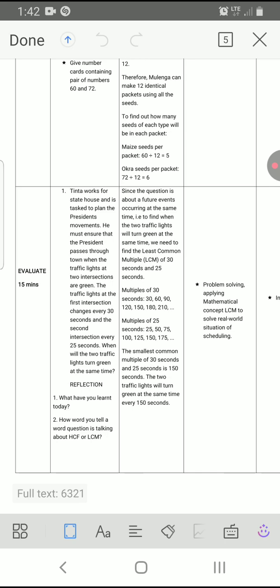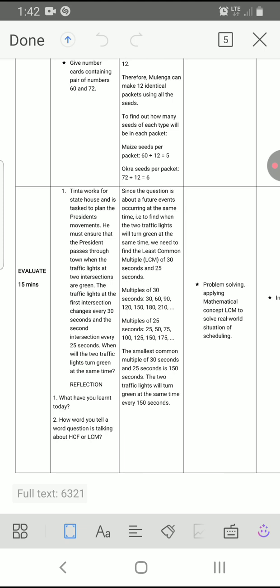Then our reflection on the lesson, we are asking the question, what have you learned today? The children will respond with what they have learned. Then the second question, how would you tell a word question is talking about the highest common factor or lowest common multiple?